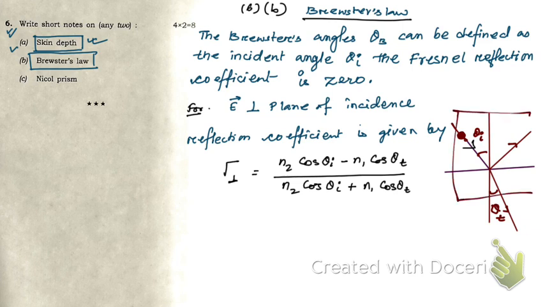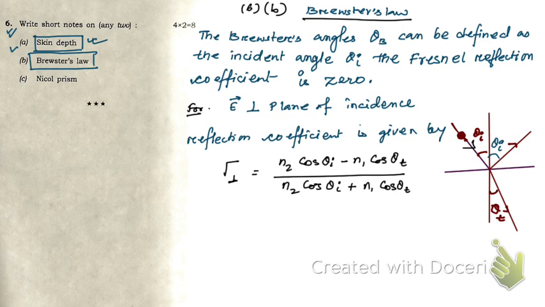So the angle of reflection will be equal to the angle of incidence, so I can write theta I here also. Hope you have understood.